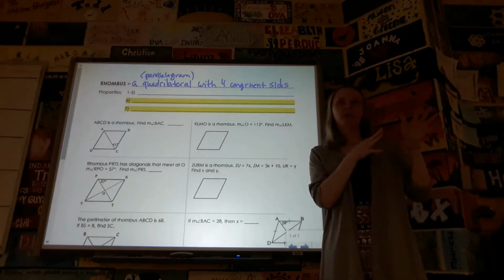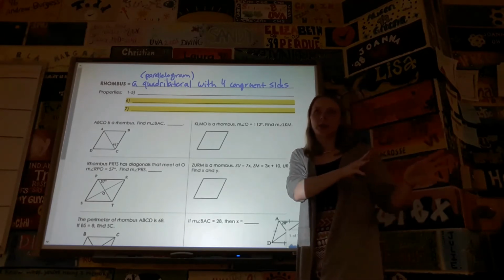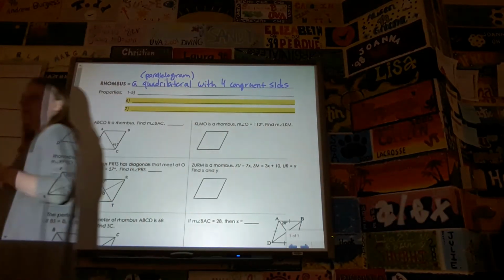Okay, so rectangle was a parallelogram with 90-degree angles. That's all we really needed. A rhombus is a parallelogram with 4 congruent sides.